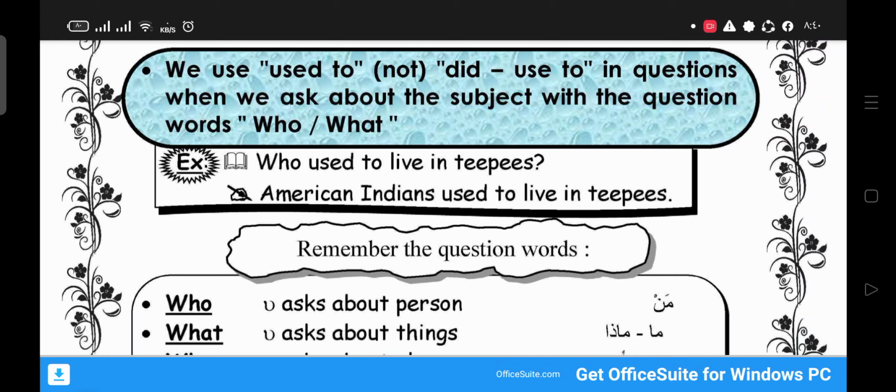American Indians used to live in teepees. Who used to help his parents? Ali used to help his parents. So, to ask about the subject, you don't use the auxiliary verb did. You use the main verb used to. Who used to plus the infinitive verb.